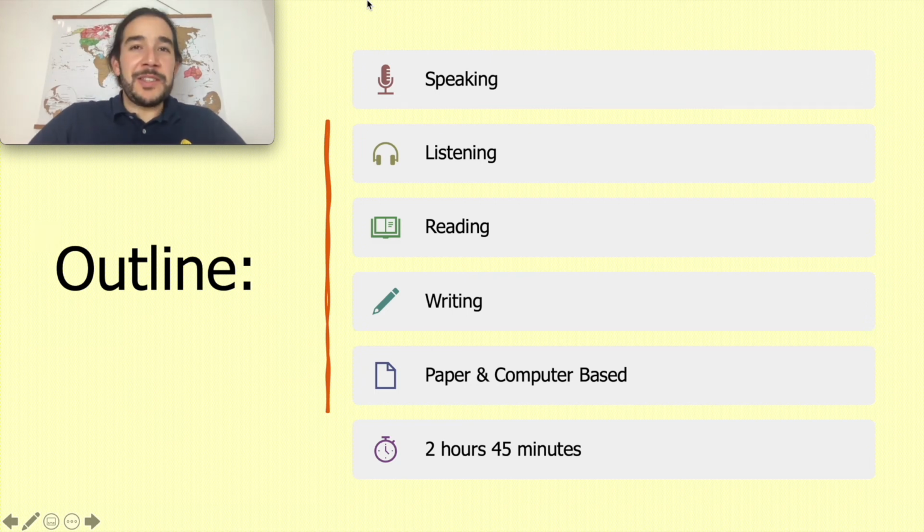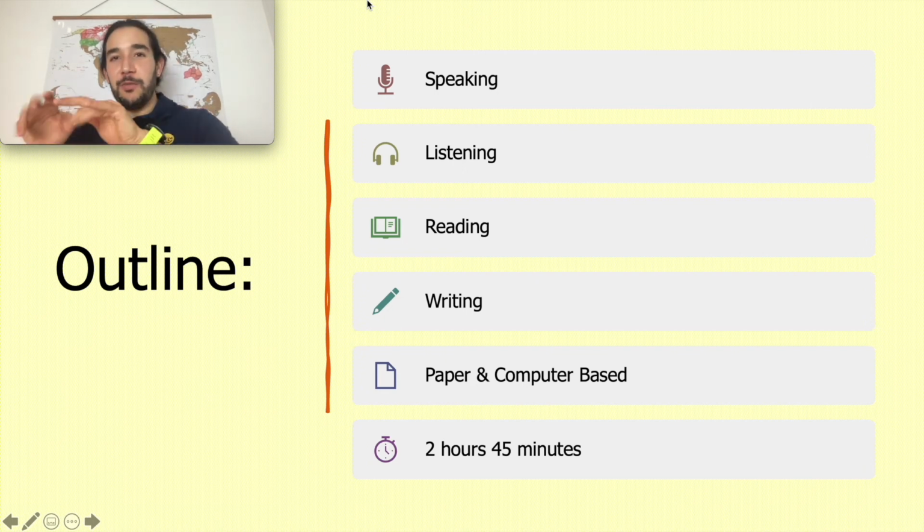I know some students really like to do everything by hand and they want to do the paper version, but it looks like everything is moving more into the computer-based version. So quick tip is to start working on your typing speed. And if you're like me and your handwriting is not pretty, this is a good chance to get the computer-based version of the test.